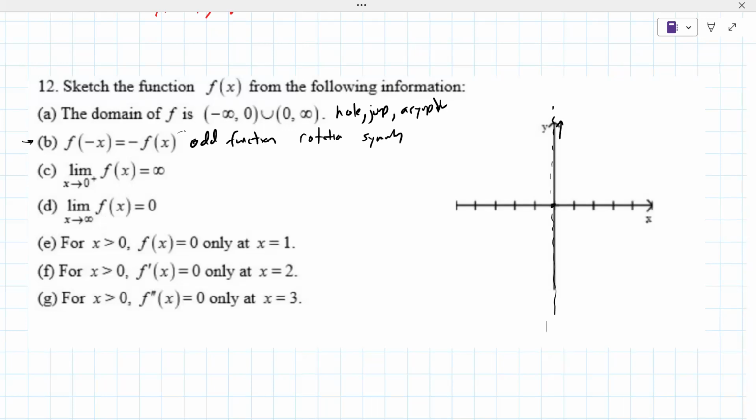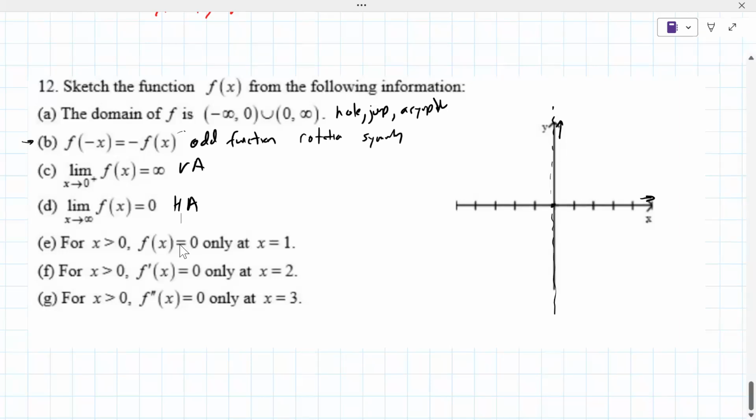Infinity means you're going to the right forever. That's a horizontal asymptote. So this is the vertical asymptote, and this is the horizontal asymptote.